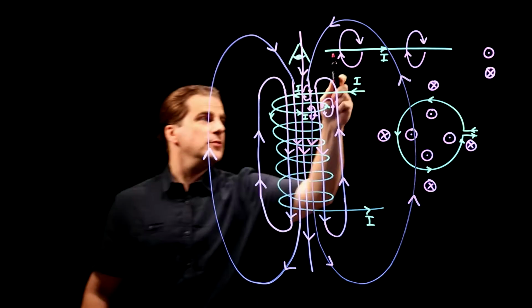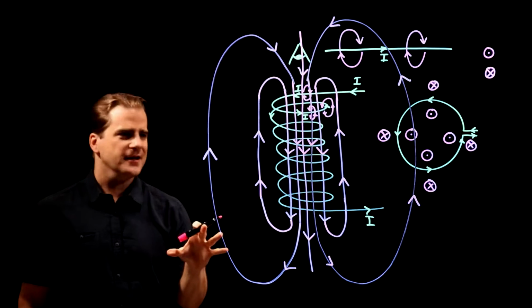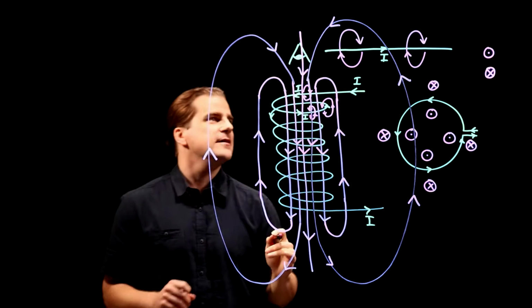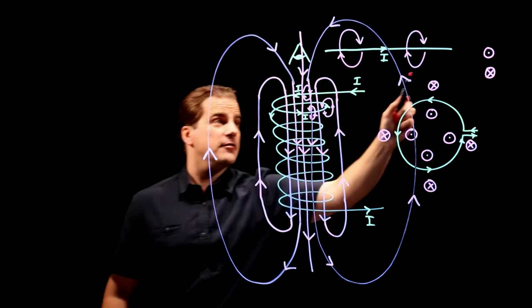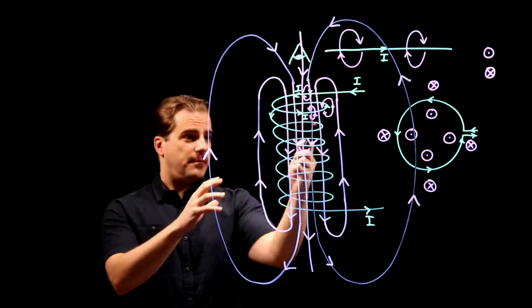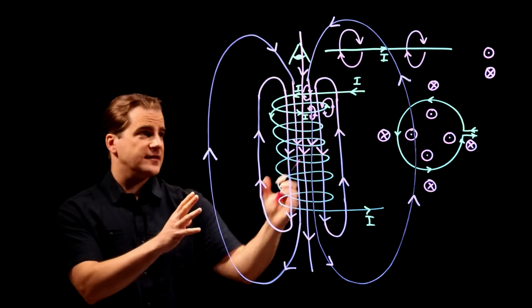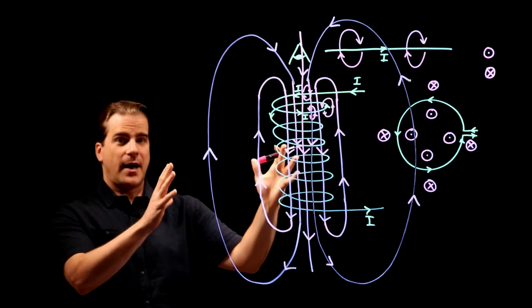So, just from using the simple fact, well, it's quite a deep fact really, it's how the universe has been made, that a current in a wire produces a magnetic field, we can make, by sending a current through a solenoid, a magnet.